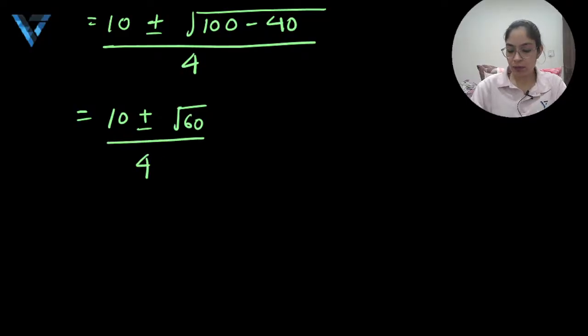Now you can see the value of root 60. Good morning everyone. Okay, tell me the value of root 60. You can see these values from the square root tables provided at the back of your textbook. See the value and tell me what is the value of root 60.